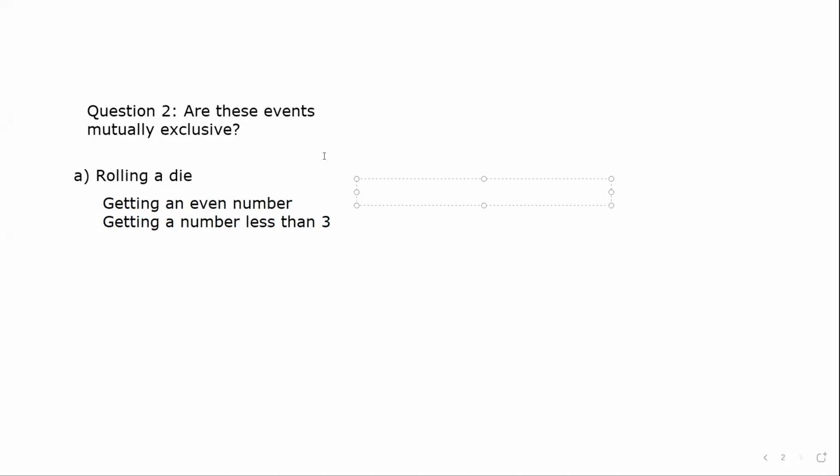If we want to get an even number from a single die, what outcomes would that be? 2, 4, and 6, right? Those are even. Now, which numbers are less than 3?